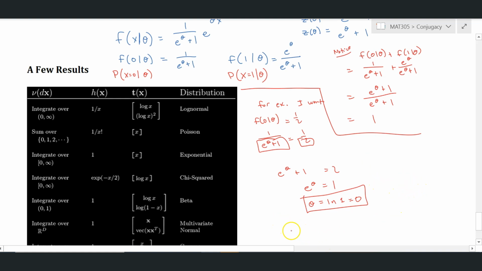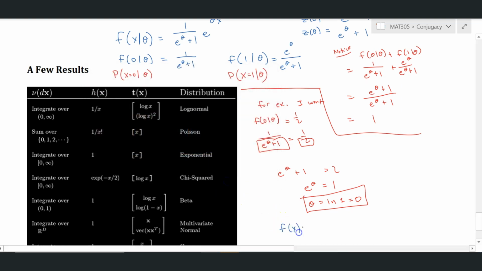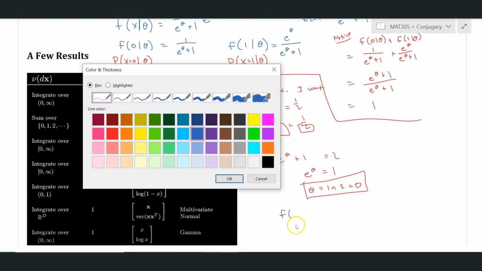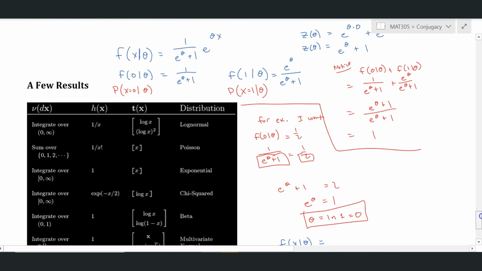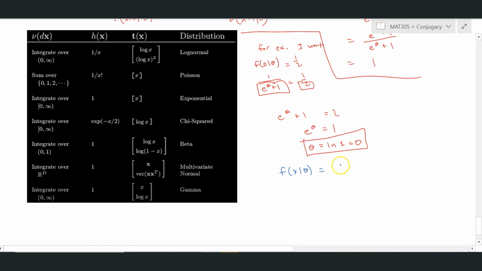So in our case, f of x given theta is equal to, we said, e to the theta x over e to the theta plus 1.